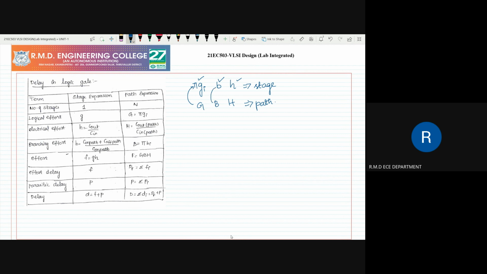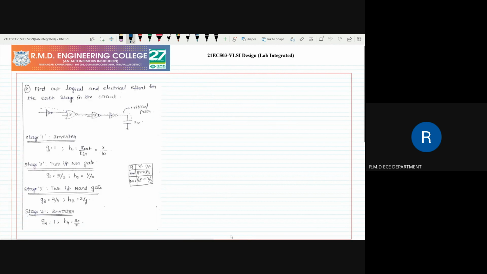If it is a capital B, you take the product of the b's. The delay is D equal to F plus P, where P is the parasitic delay. Parasitic delay is the number of inputs, irrespective of the gate, that are connected.